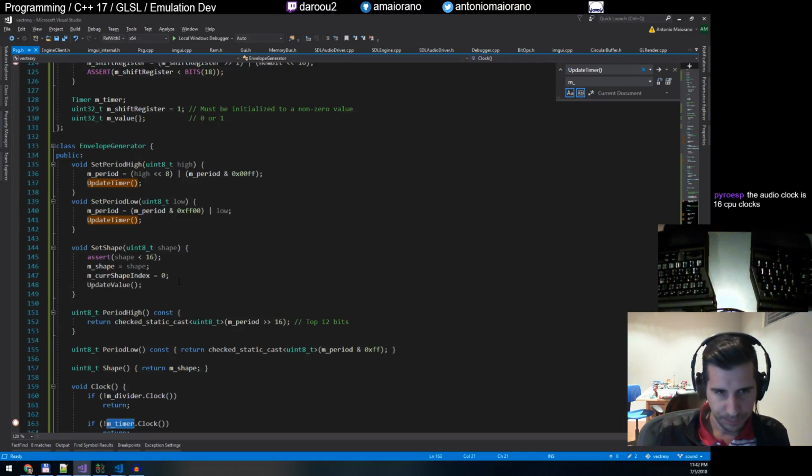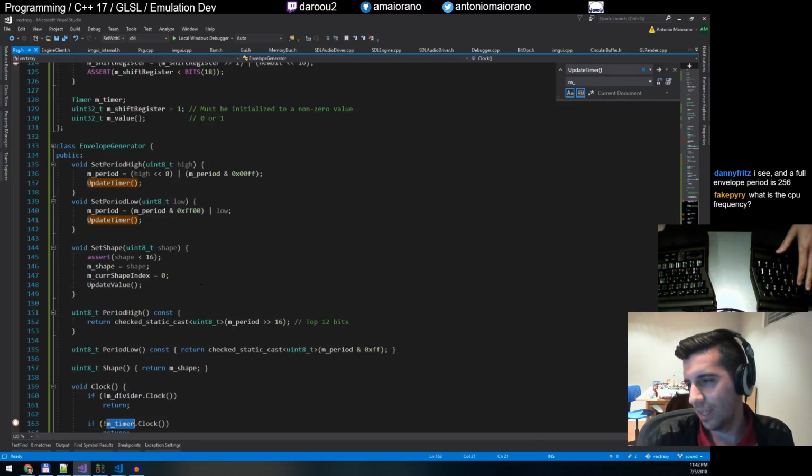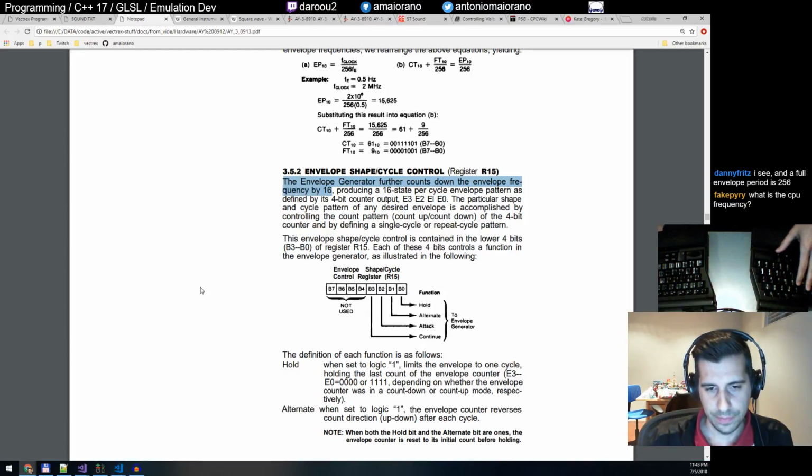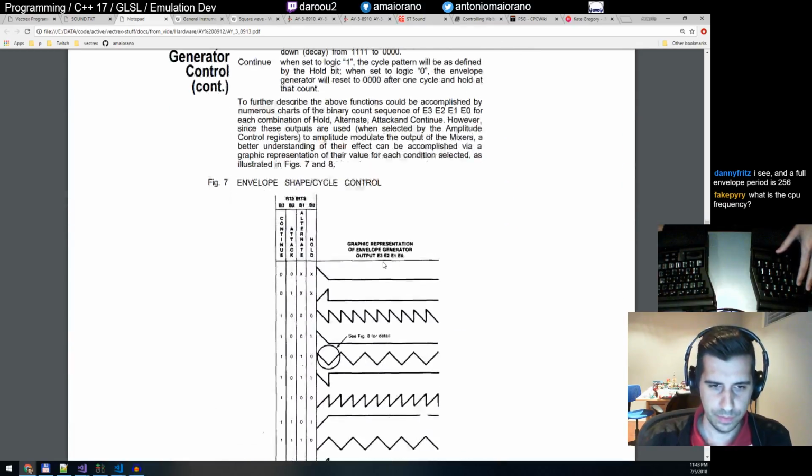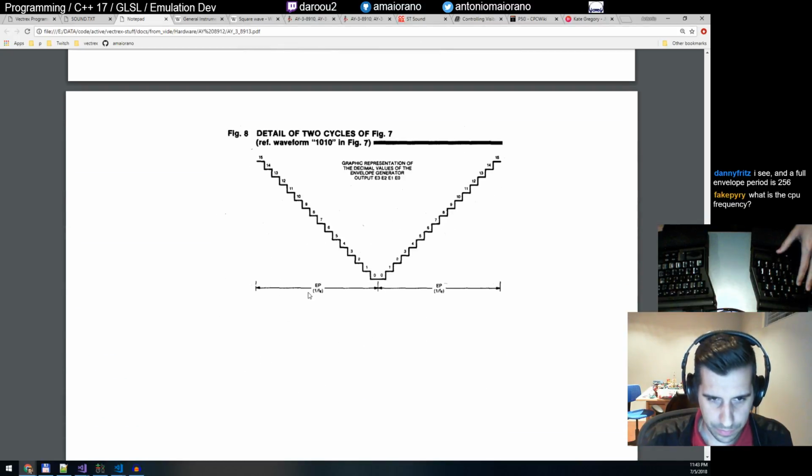And in that period's amount of time, we need to advance 16 values. CPU frequency is 1.5 megahertz. Here they wrote 1 over the frequency of the envelope. Exactly.